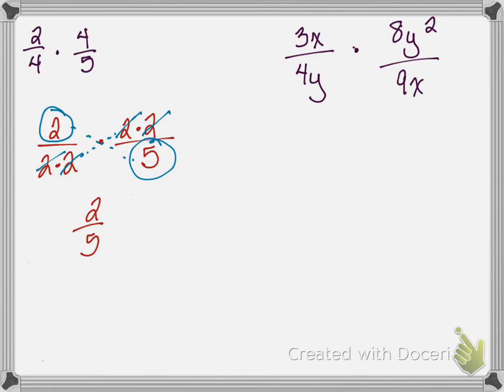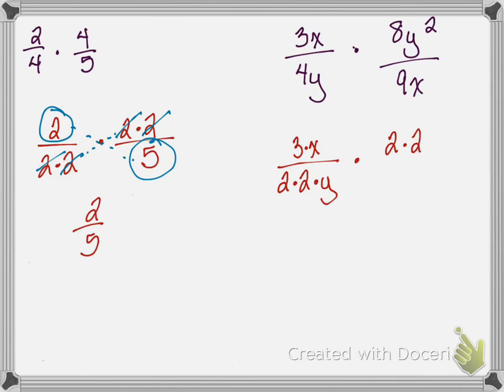Okay, so our next one, we have 3x over 4y. The 3 times the x, it's 3 times x. What does 4 break down to? 2 times 2, and then I've got a y, so 2 times 2 times y. 8 is a bunch of 2's. How many times do I multiply 2 together to get 8? 2 times 2 times 2.